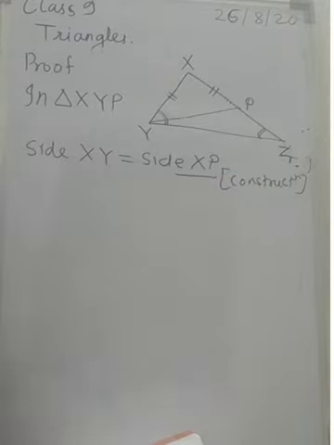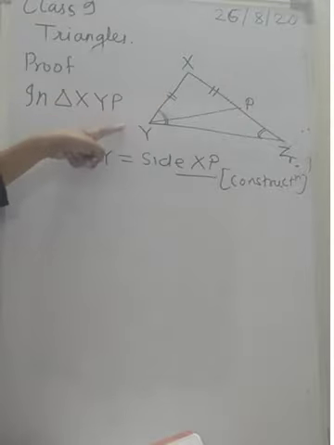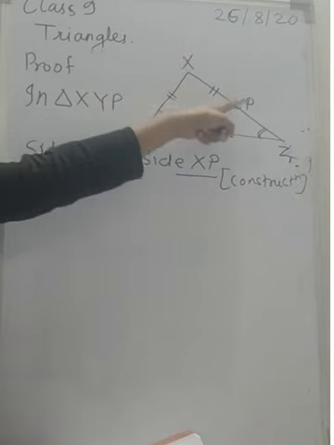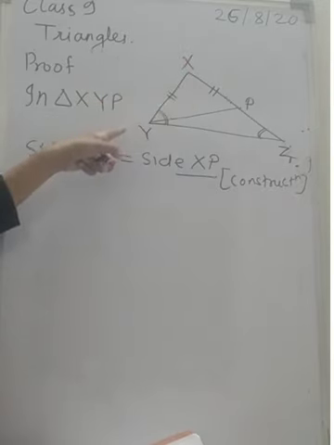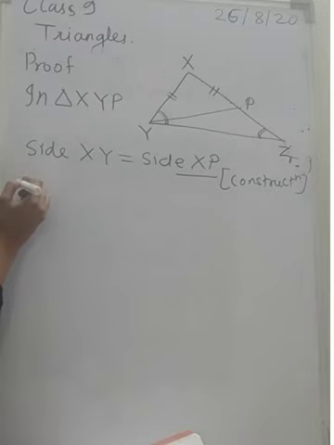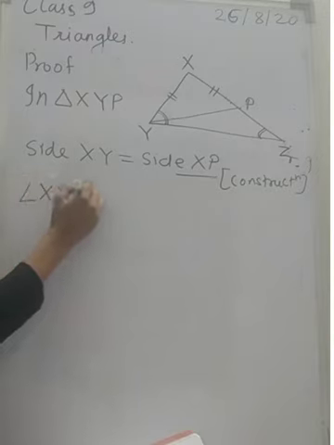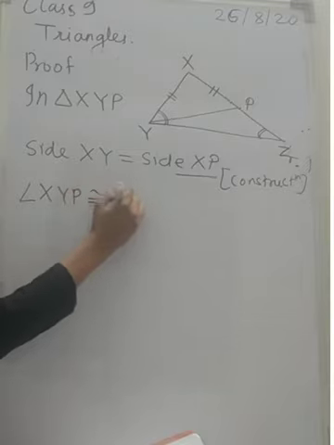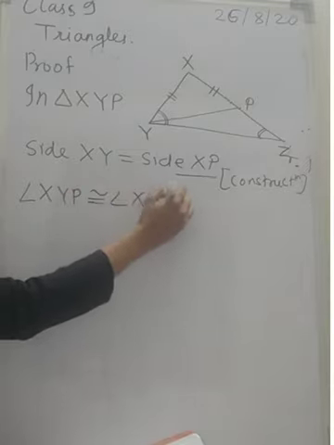And then we can also say that angle XYP and angle XPY are congruent. How? Just think about it, how angle XYP is congruent to angle XPY.